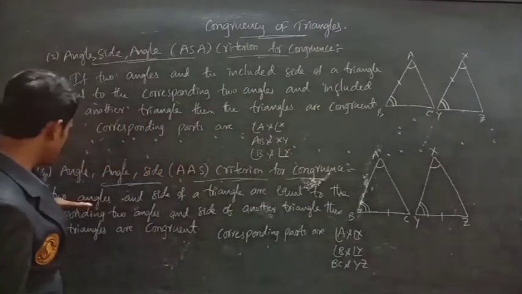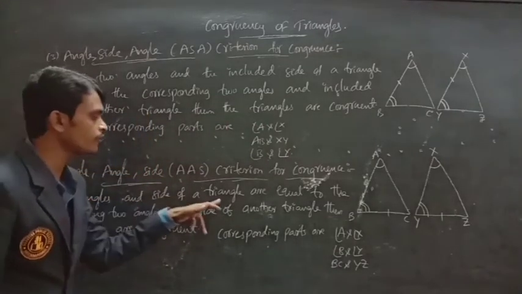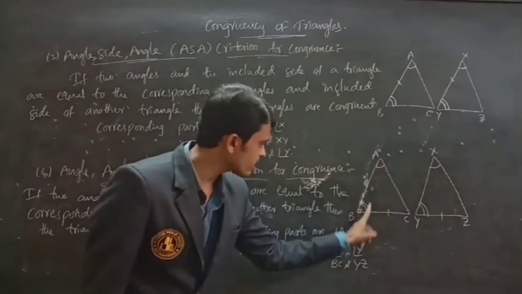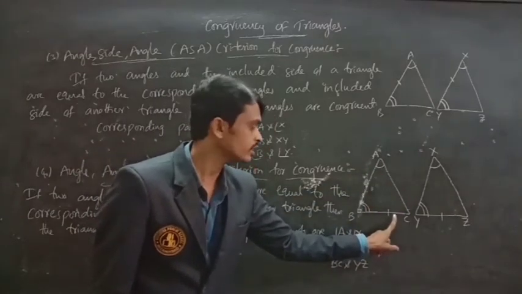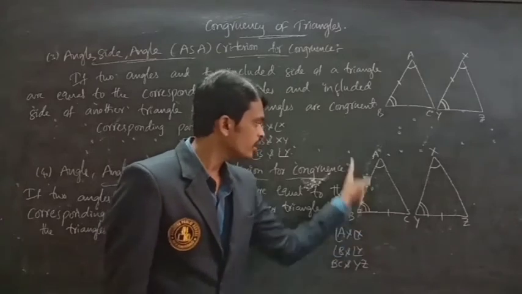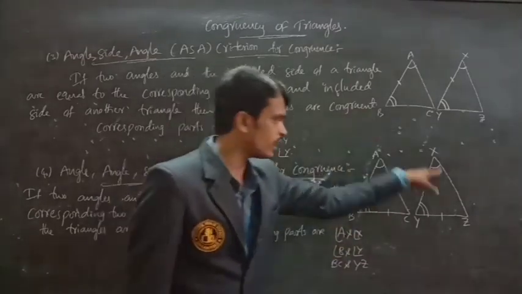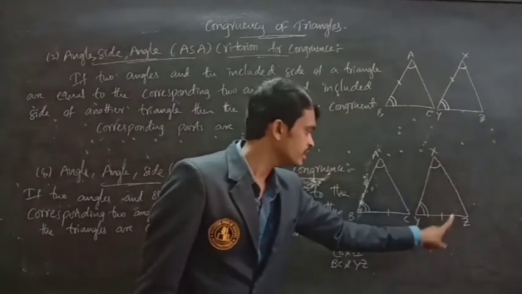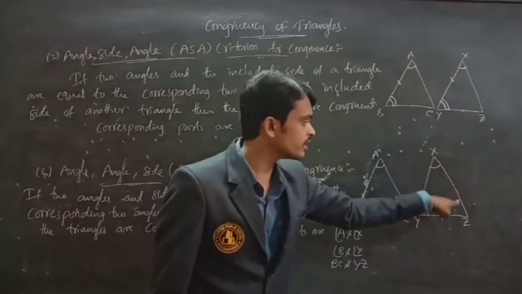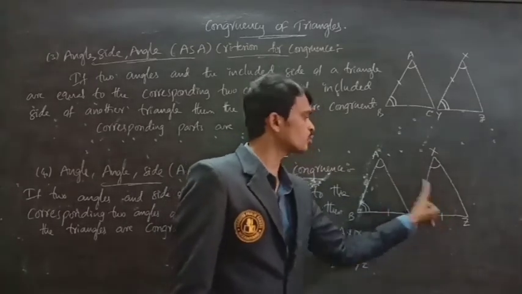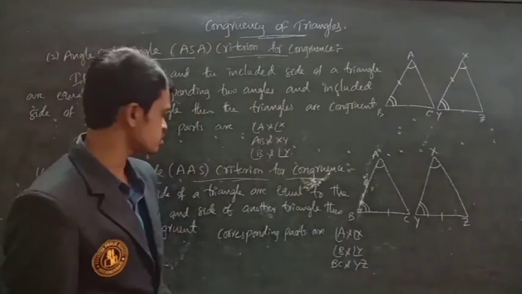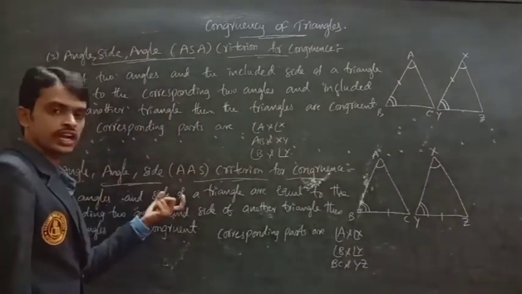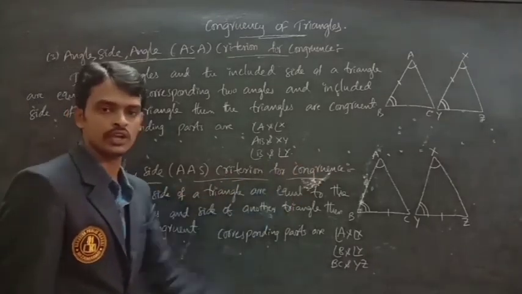So what are they saying? Two angles and a side of this triangle are equal to the corresponding two angles and side of another triangle, then the two triangles are congruent according to AAS, the angle angle side criterion for congruence.